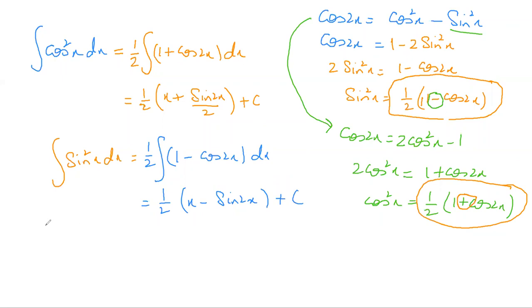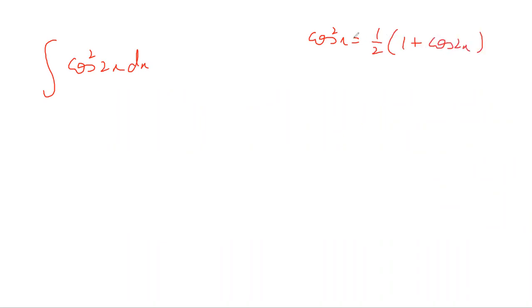Now there's one very important thing here. Suppose you have to integrate cos square 2x, maybe. If you remember that cos square x is half into 1 plus cos 2x, now look at the ratio of the angles over here. If this is x over here, this angle is 2x.